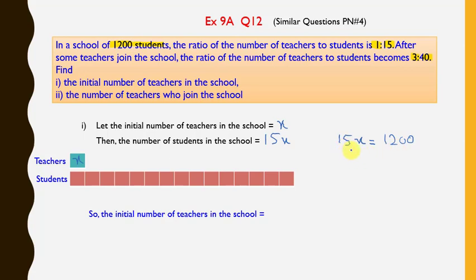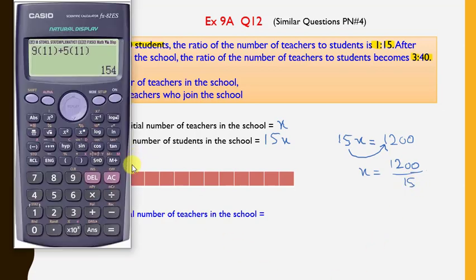15 is multiplying with x, and when we shift it to the other side it will divide. So x will be equal to 1200 over 15. We will calculate it. 1200 divided by 15, and we have 80.